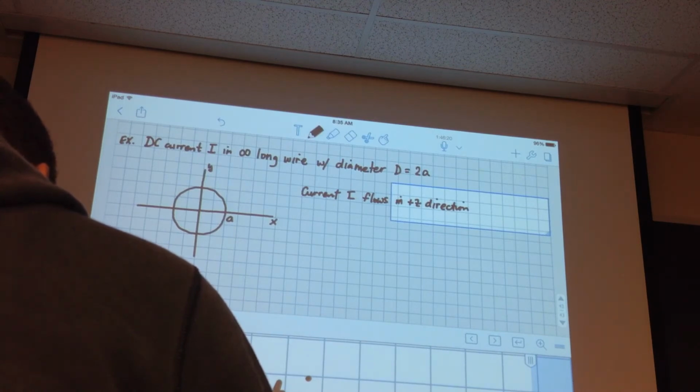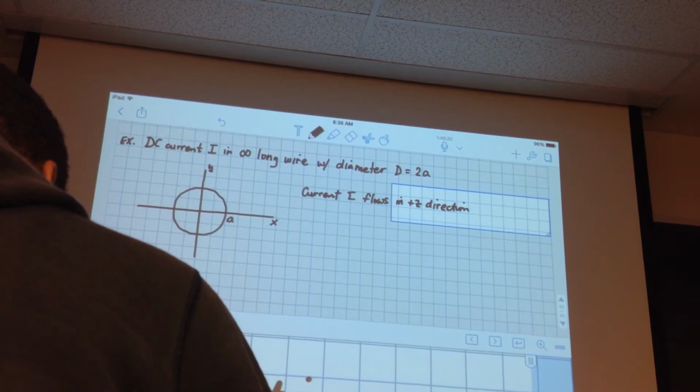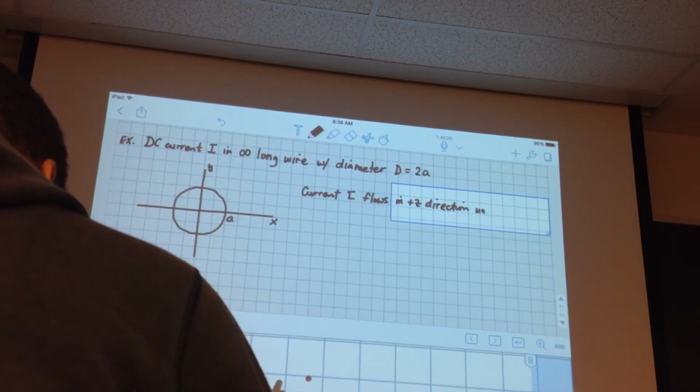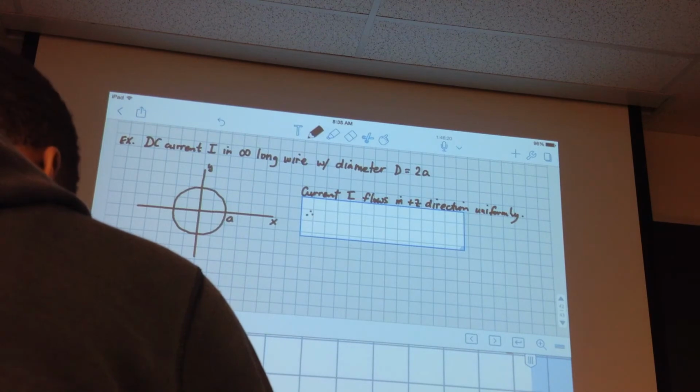And if the current I is flowing uniformly, what is the current density through that wire?